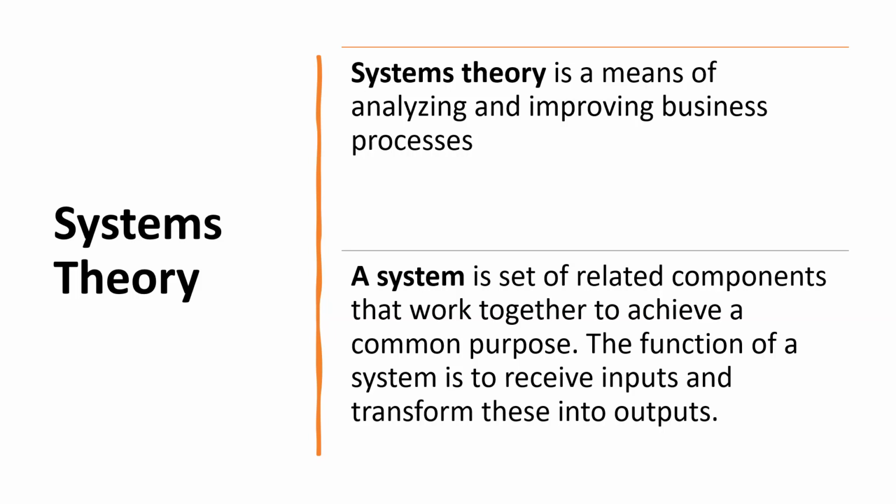So the function of every system is to receive inputs, do some processing or transformation on these inputs to produce what we call outputs. And there are so many types of systems that we can have.